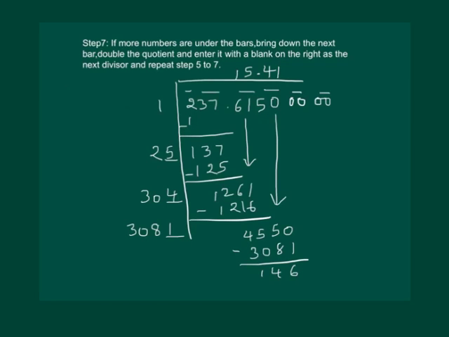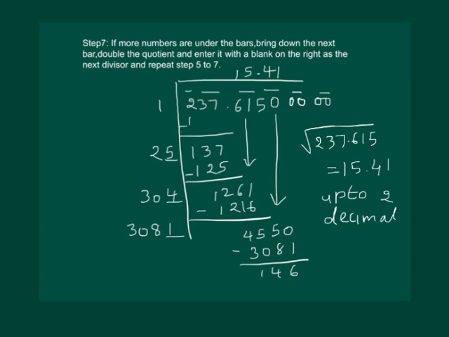Otherwise, we can write that under root of 237.615 is equal to 15.41 up to 2 decimal places.